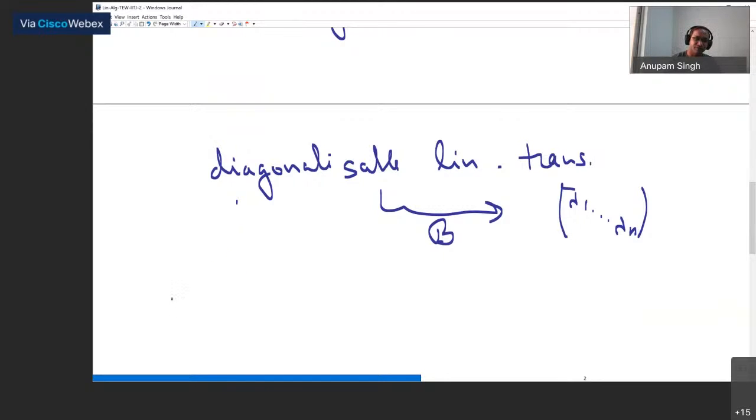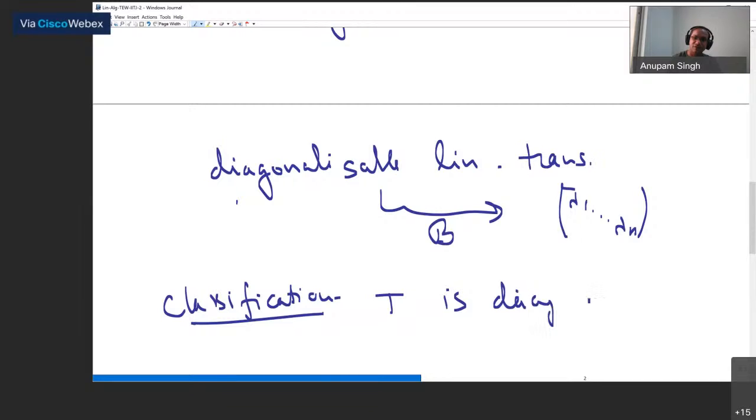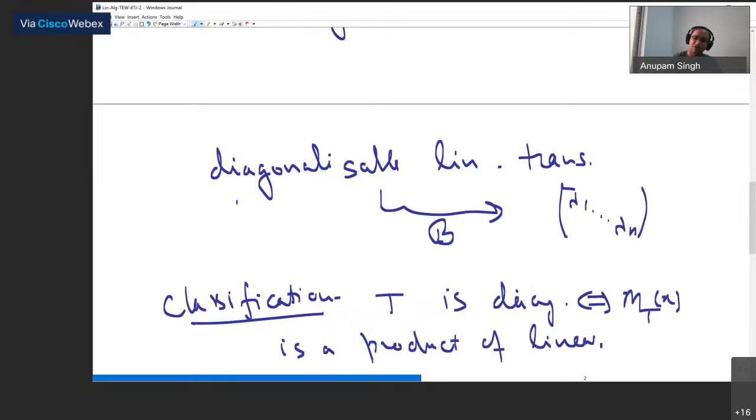So the classification of diagonalizable would be that T is diagonalizable if and only if the minimal polynomial of T over F is the product of linear factors.